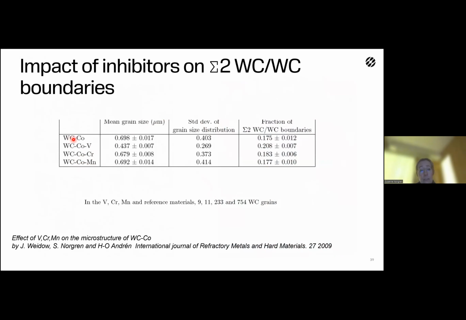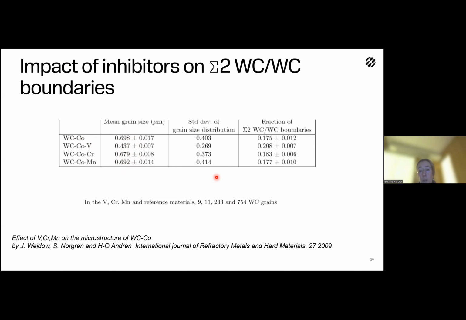And this is the reference. And here you can see, of course, that they are grain growth inhibitors. So without an inhibitor, you have approximately 0.7 in average grain size. And with vanadium, 0.4, and chromium, 0.67, so not as much here. And manganese, almost no effect at all.